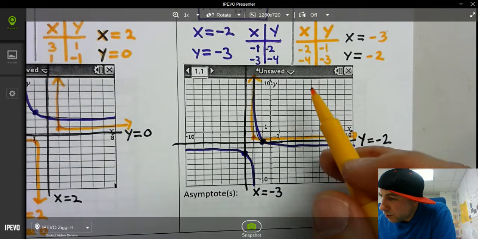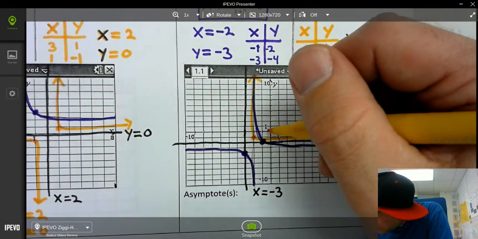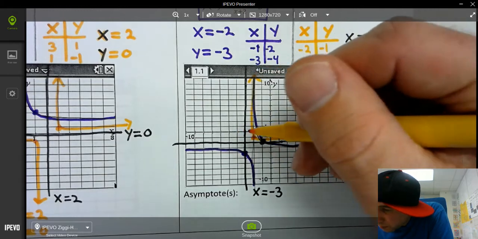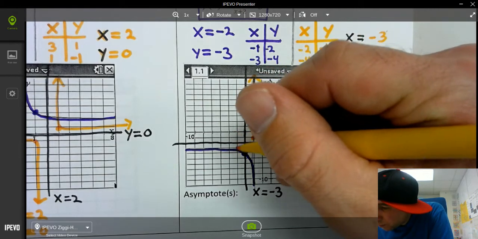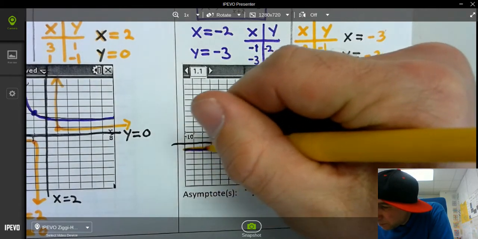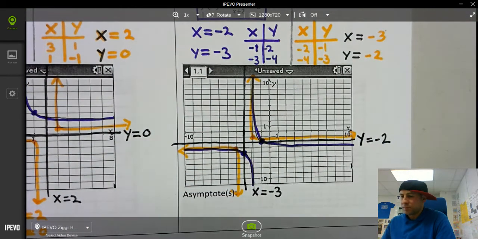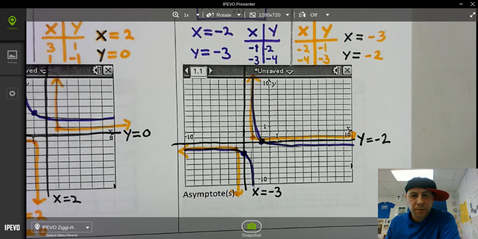And then we go negative 4, so negative 1, 2, 3, 4, down 1, 2, 3. All right, so there's your inverse.